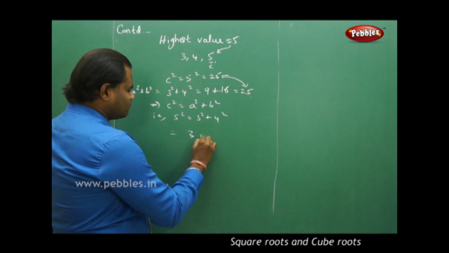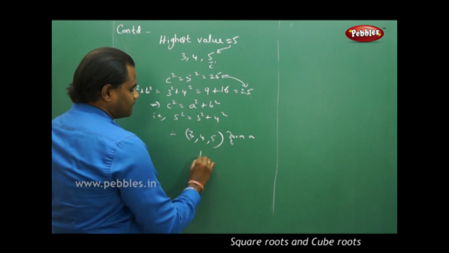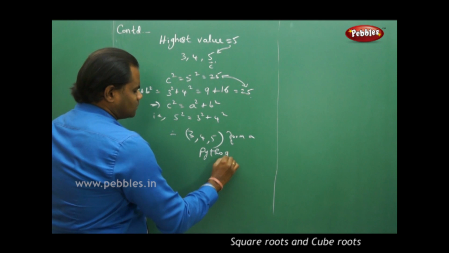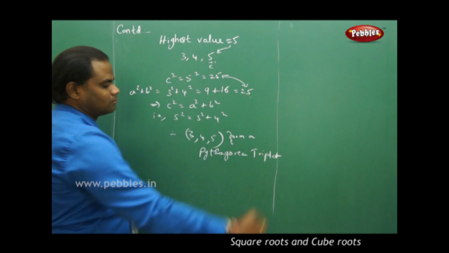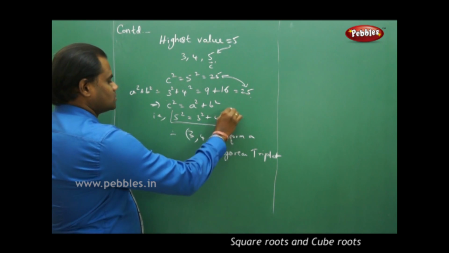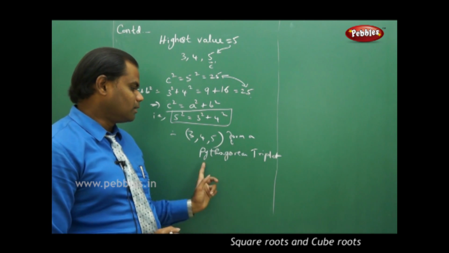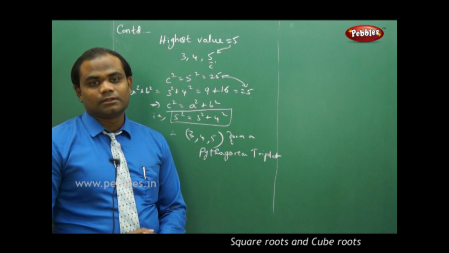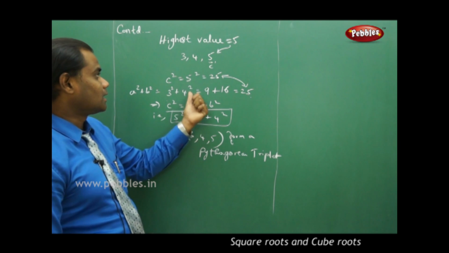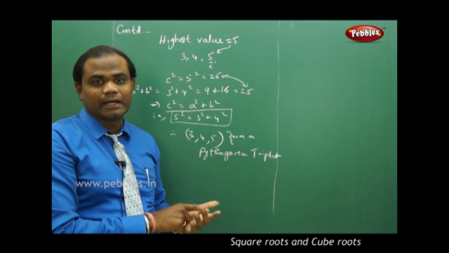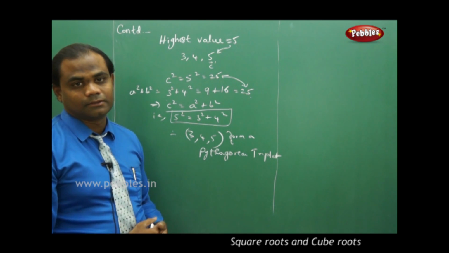Therefore, 3, 4, 5 form a Pythagorean triplet because they satisfy the condition c square equal to a square plus b square. So any problem, we first select the highest value and then square it, and then take the other two values, square and add, and then if those two are equal, then we say they form a Pythagorean triplet.